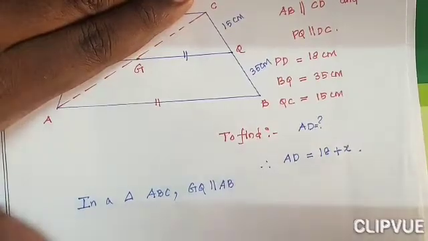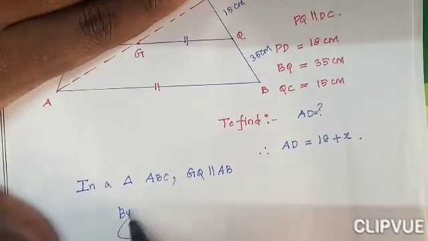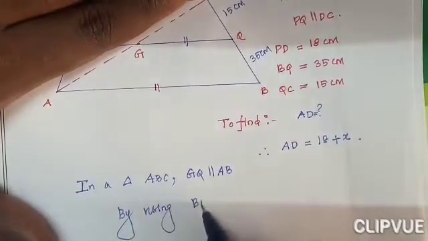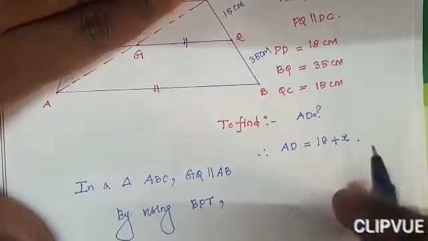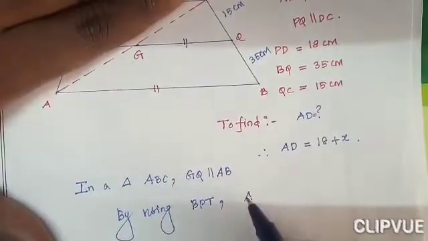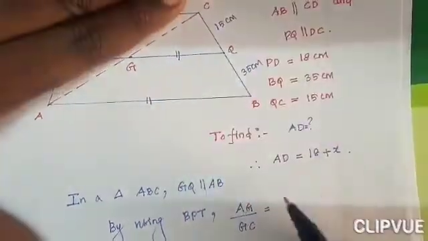GQ parallel to AB. By using BPT, basic proportionality theorem, we can say that AG by GC equal to BQ by QC.